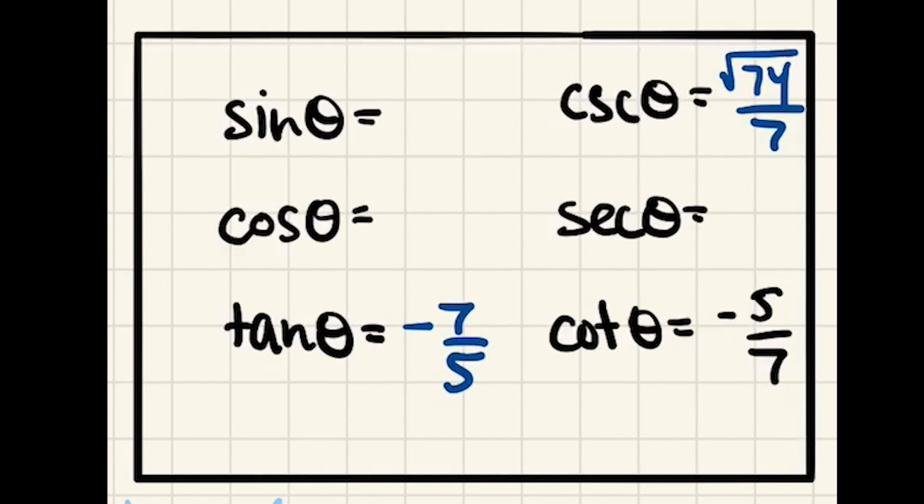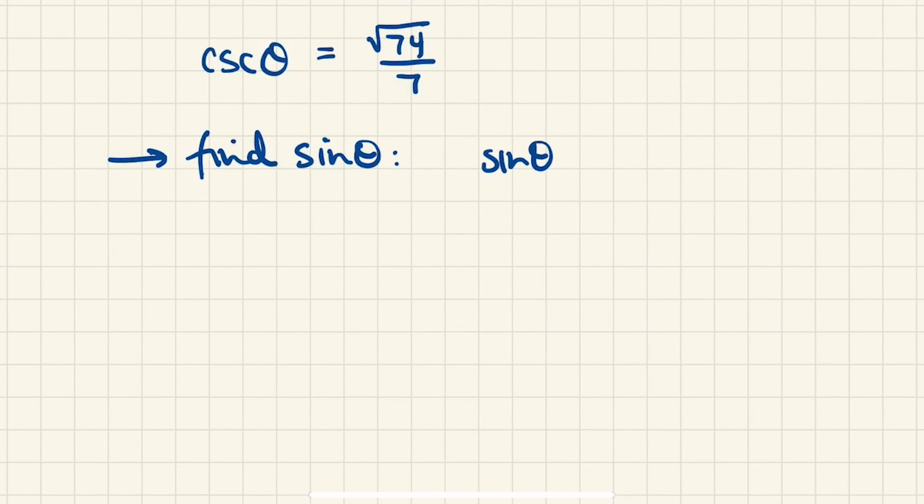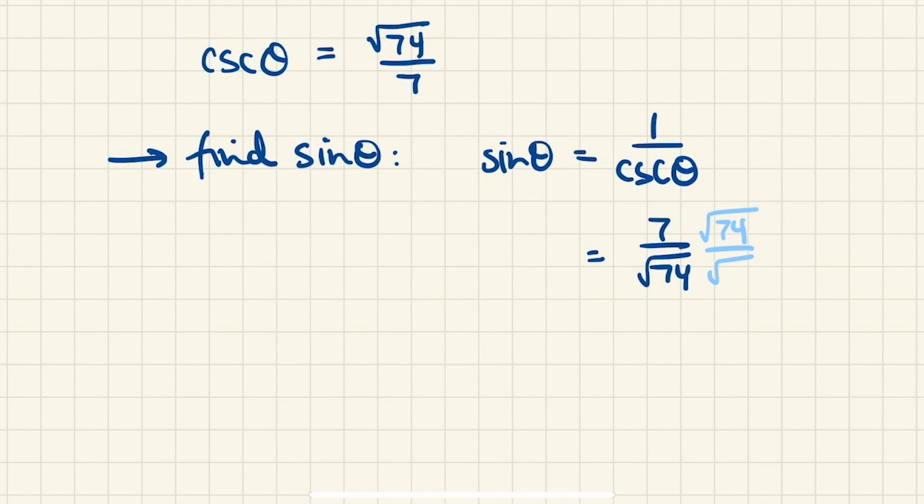We can also now take advantage of a reciprocal identity, because if we know cosecant, we certainly know what sine of theta is. It's just the reciprocal. So the reciprocal of cosecant would be 7 over rad 74. Let us rationalize that denominator, and we get 7 rad 74 divided by 74.